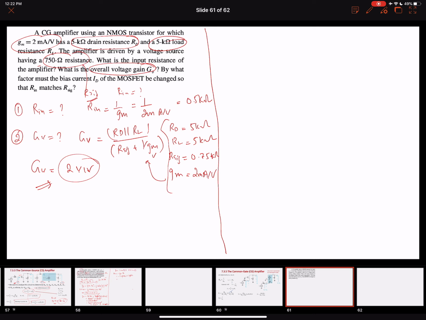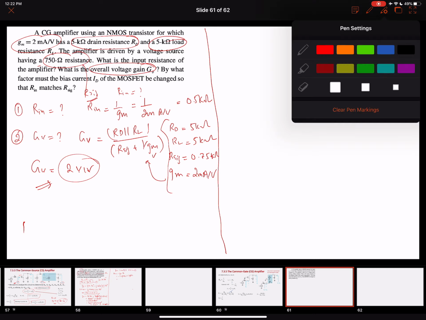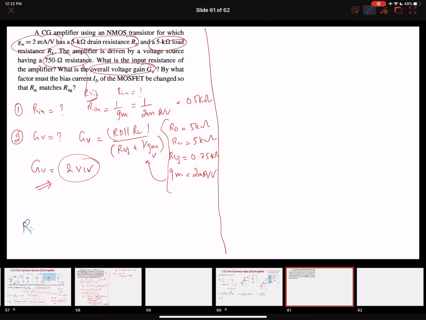This means our new value of Rn should match the old value of R signal. Our R signal value remains the same because the source is the same, so it should be equal to 0.75 kilo ohms.